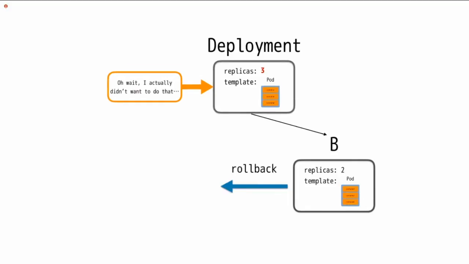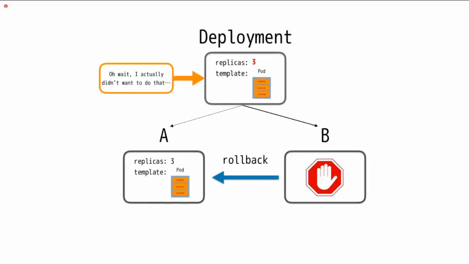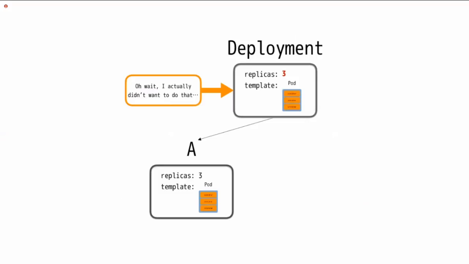Then the rollback will take place. It will start creating the new replica set having 3, and then it will delete the older replica set. And here you will achieve the state which you desired.